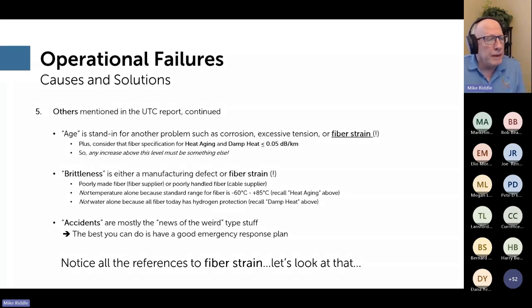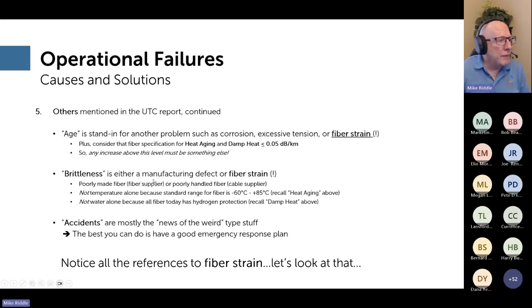Water and fiber don't mix, but these days, fiber always has some inherent hydrogen protection, and the gel that's used in the optical units of all of the designs, three types that are used and designs that we've mentioned today, protects against water. And remember, you even have a damp heat specification, damp meaning water. So there's protection. So it can't be water alone, is my point.